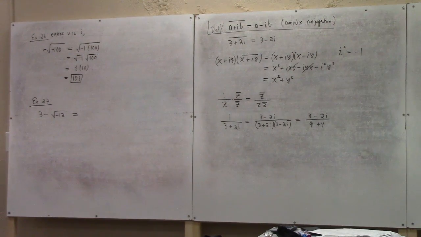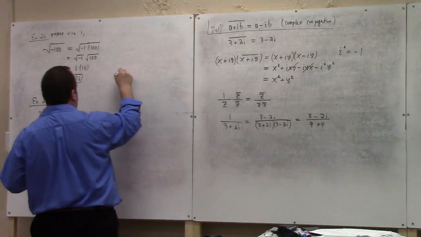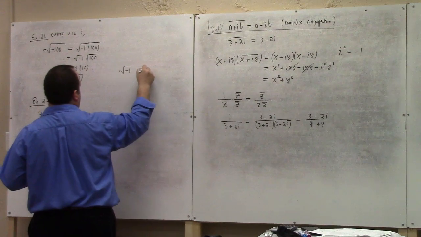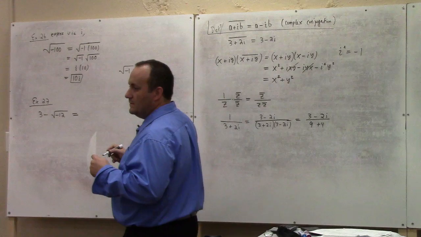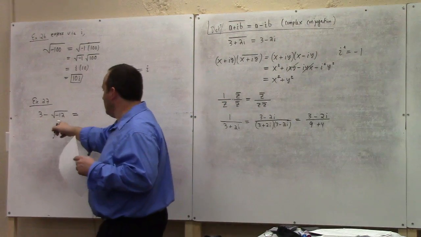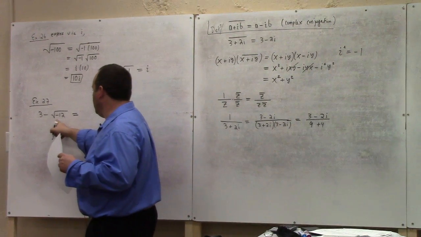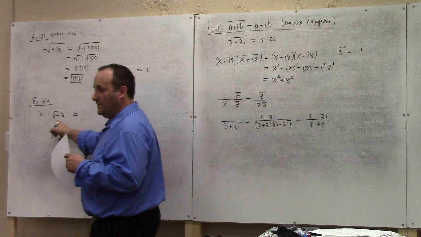Whenever you have a negative 1 in there... The main idea here is that we don't leave the square root of minus 1 as part of the answer. We trade that for i. Where'd negative 1 go here? Well, the minus 12 is minus 1 times 12, right?